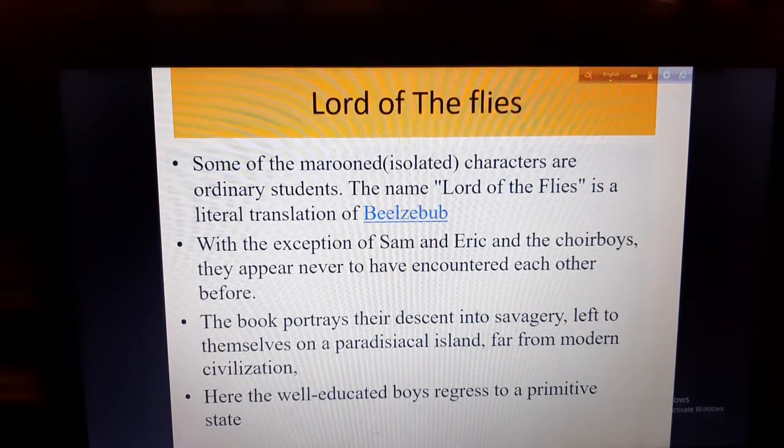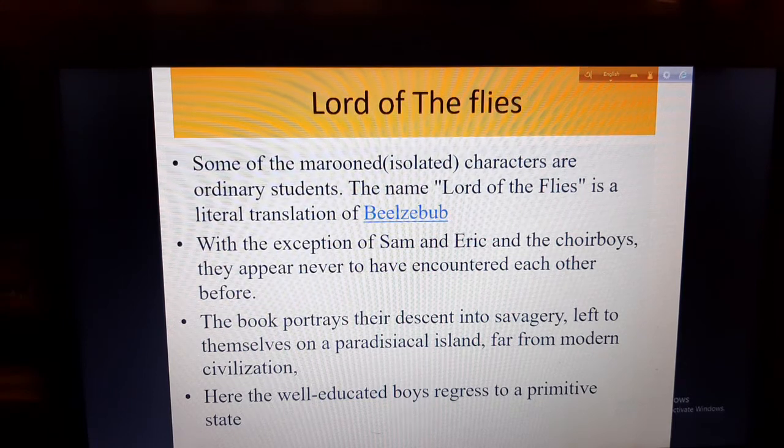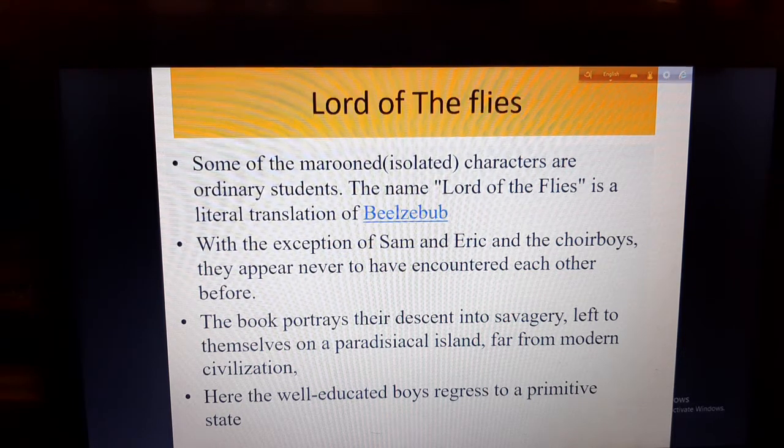Some of the marooned isolated characters are ordinary students. They are very innocent boys, school-going boys. The name Lord of the Flies is a literal translation of Beelzebub. With the exception of Sam and Eric, the core boys appear never to have encountered each other before.